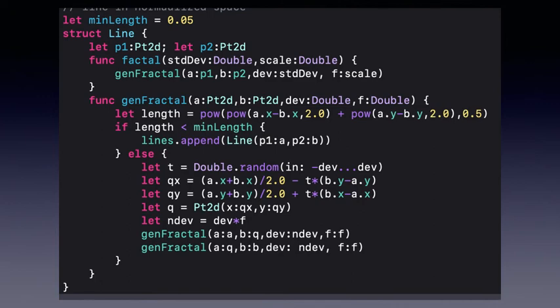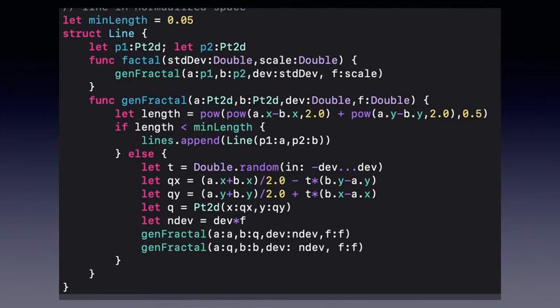Now, in terms of the recursive function, the first thing that has to happen is I have to calculate the length of the line because I need a stopping condition. I use the Swift power function, which enables you to raise something to a power. I square the x and y components. If you raise something to the power of 0.5, that's the square root.